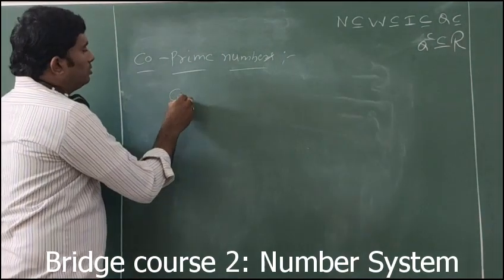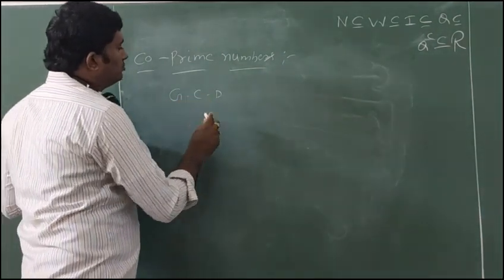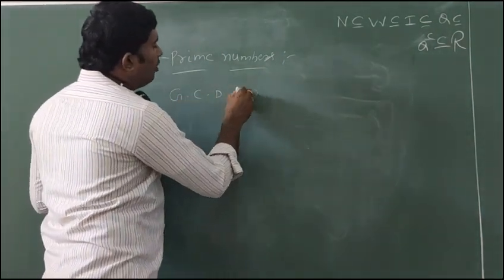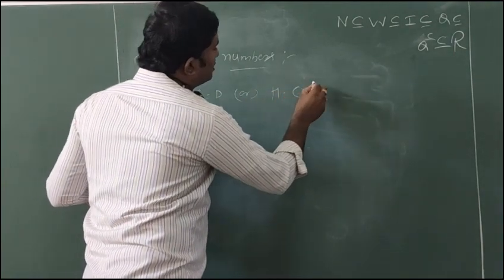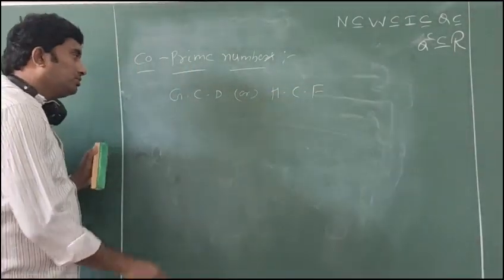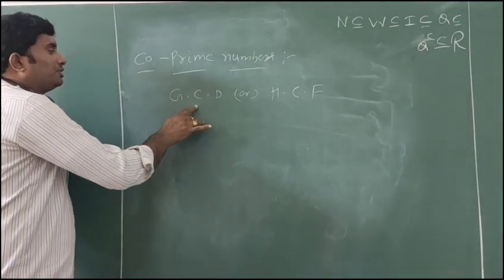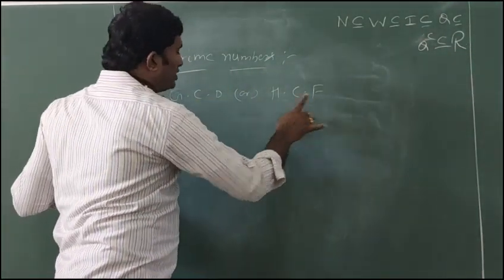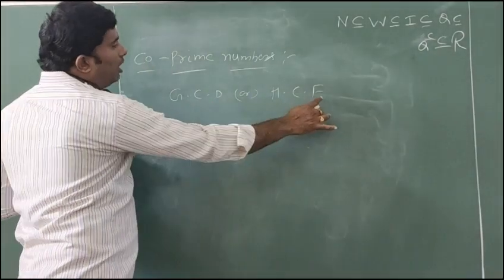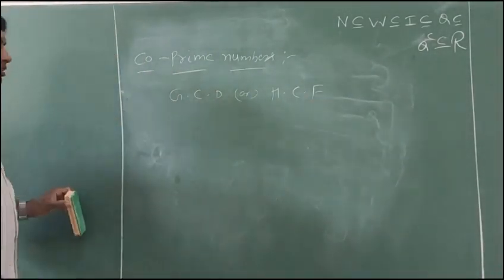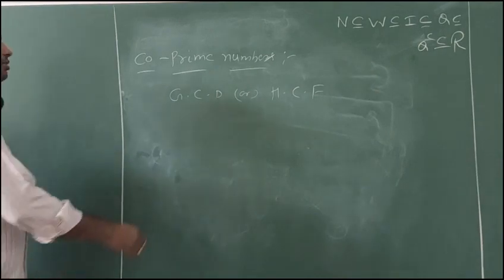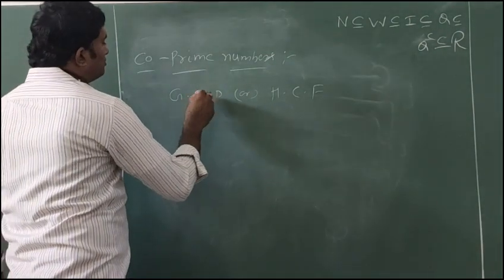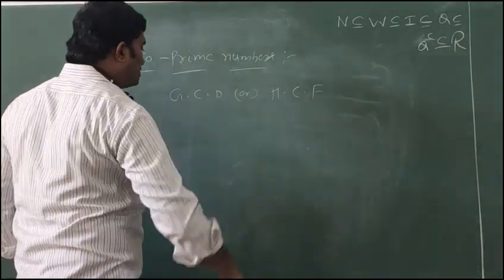You know about GCD or HCF, both are the same. Greatest common divisor or highest common factor. Divisor, factor, multiple, all are used similarly. Greatest common divisor or highest common factor.